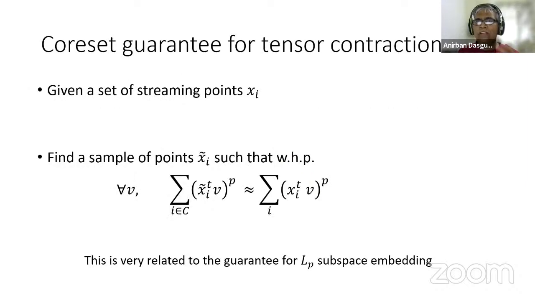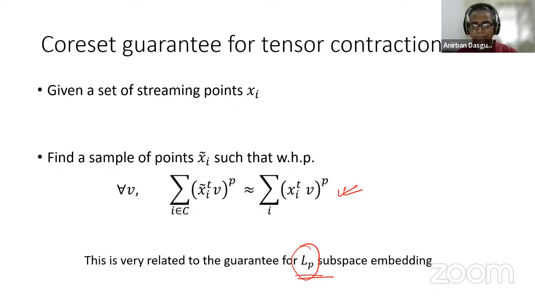It turns out that this guarantee that we want for the tensor contraction is very similar to a set of guarantees that people have worked on called LP subspace embedding. Basically, we are reducing the size and embedding a set of points from a high dimensional space to a low dimensional space, and we want to measure the error in the LP norm. So these 2 problems are very related.